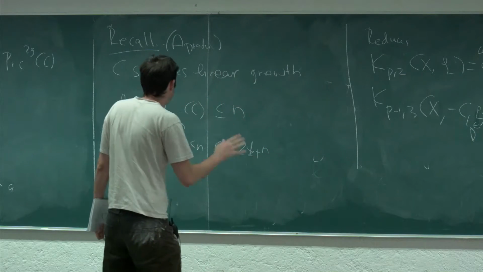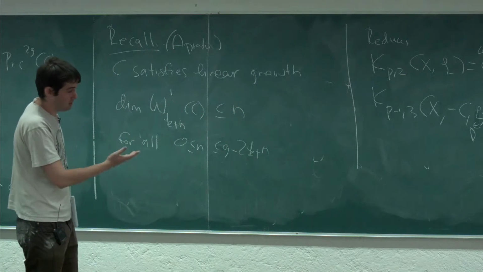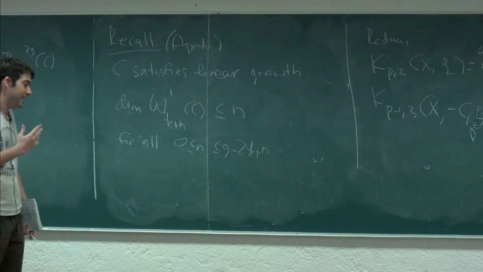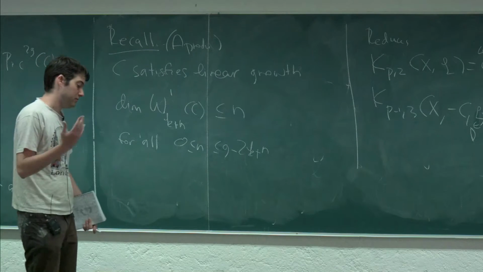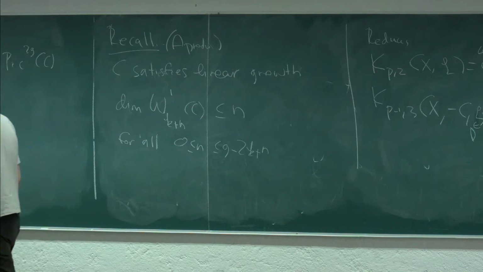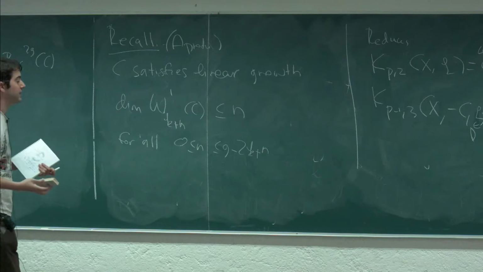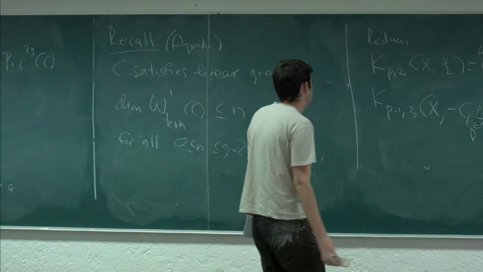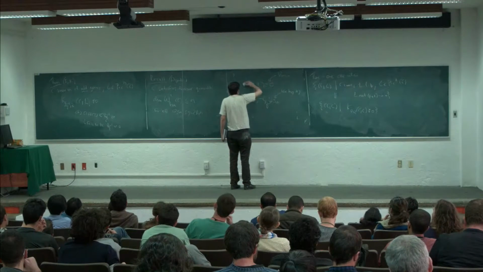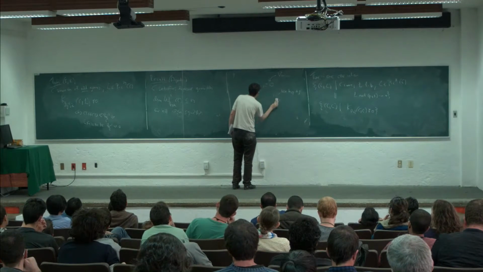And this was how Aprodu and Farkas proved Green's conjecture for all curves on any K3 surface, not just on a K3 surface of Picard rank 1. So it turns out to be a very nice and natural condition to put on a curve if you want to study syzygies.